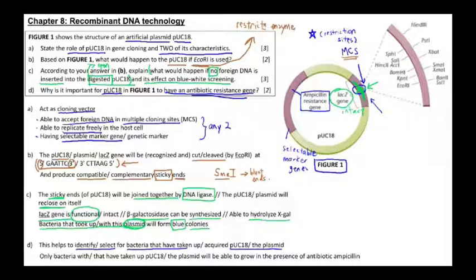It helps the scientists to identify which bacteria have taken up plasmid and which bacteria don't. And only bacteria that have taken up the plasmid will be able to grow. This is the use of the antibiotic resistance gene, which makes it easier to identify the bacteria with the plasmid.